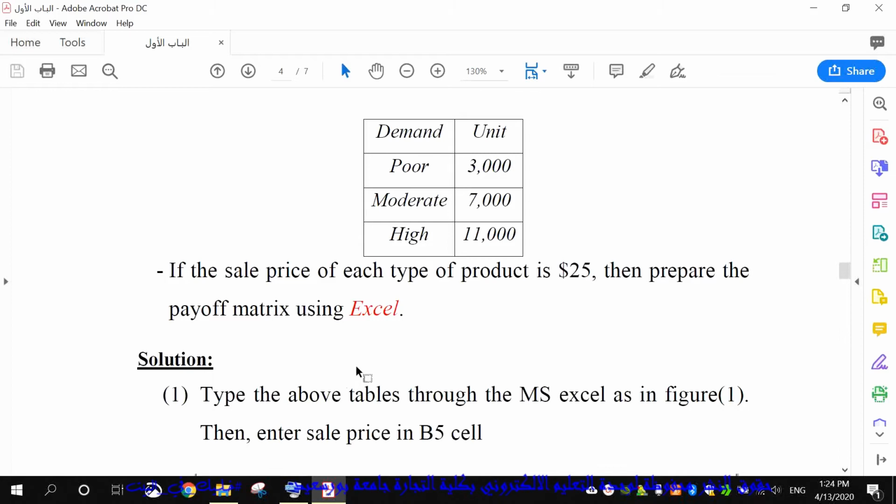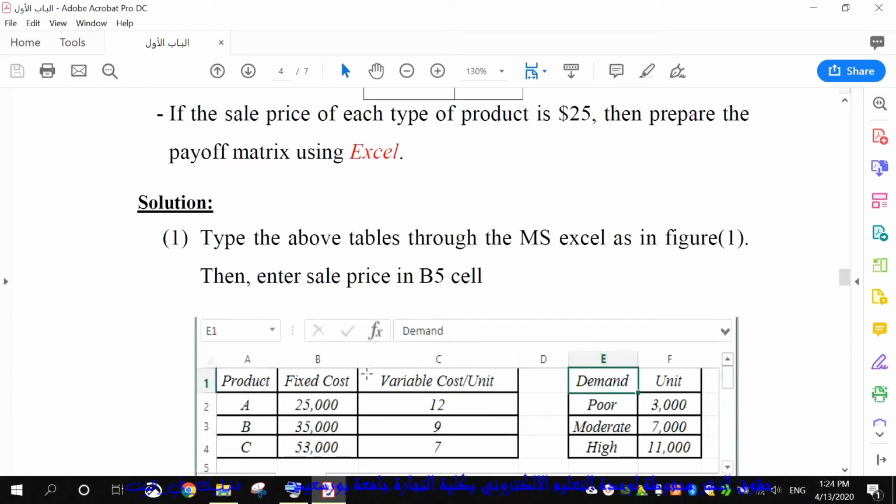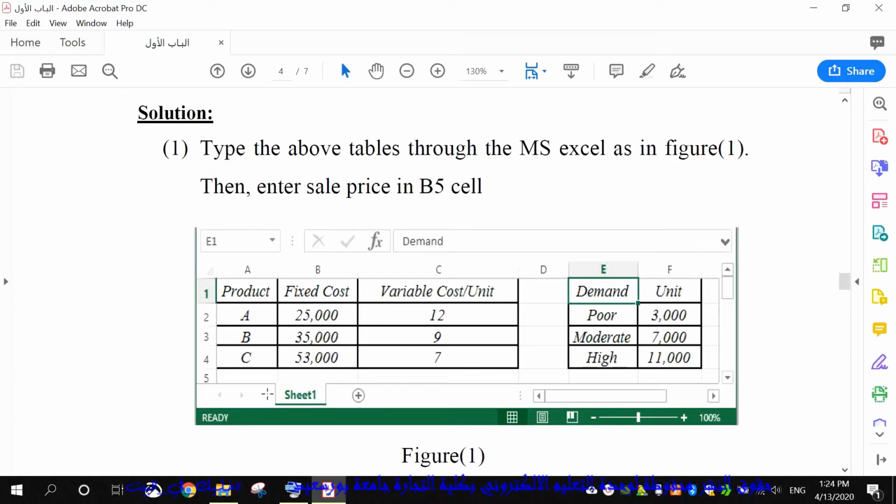We have to type the above tables into the Excel sheet as in figure 1. You will see the products A, B, C with fixed cost and variable cost. Then given the demand and the units produced in case of poor, moderate, and high. We still have a missing value, which is the sales price.